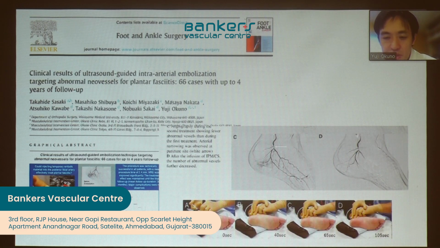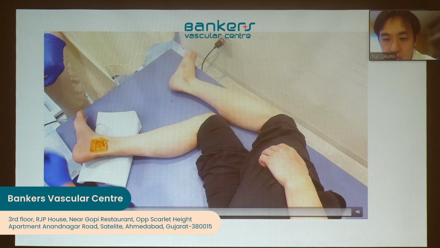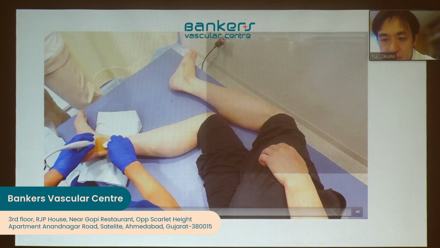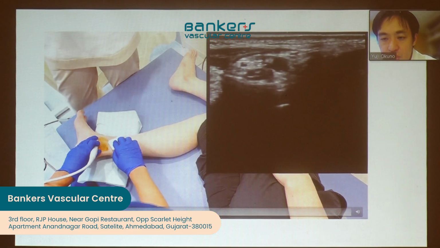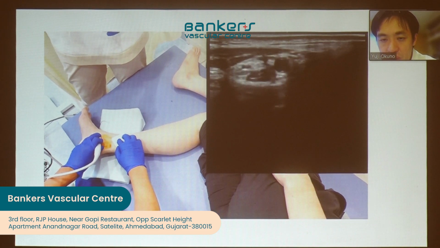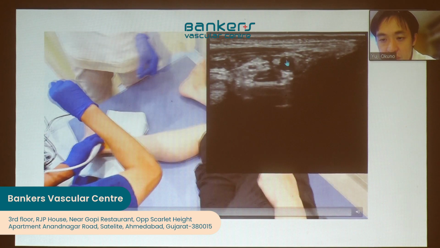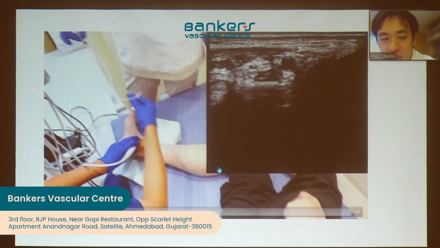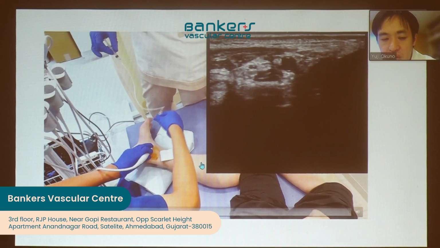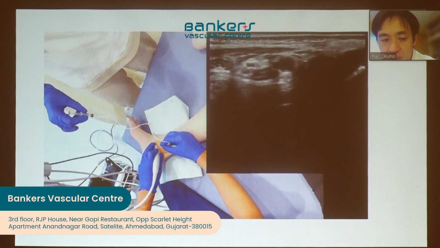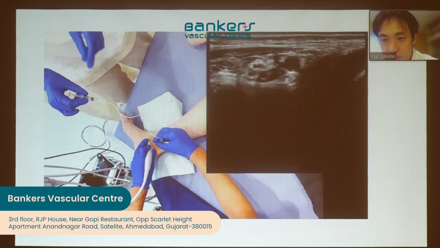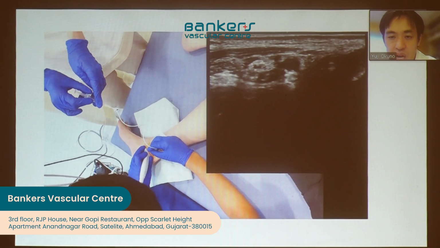This procedure does not use a catheter, but directly punctures the posterior tibial artery and infuses the embolic material. This is a movie of this procedure. You can see the ultrasound, and the short axis of the posterior tibial artery, like here. After that, we puncture this artery using a 25 or 27 gauge needle under ultrasound.